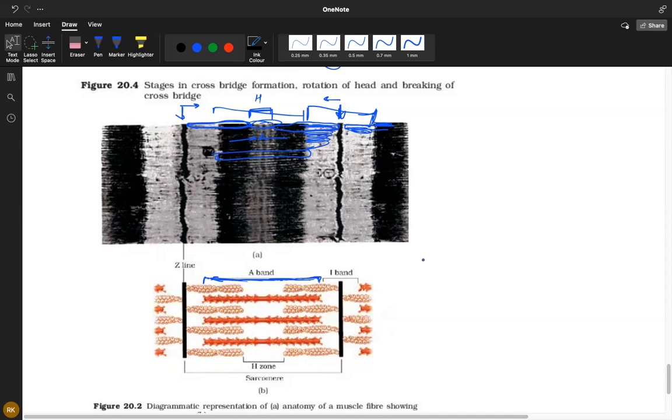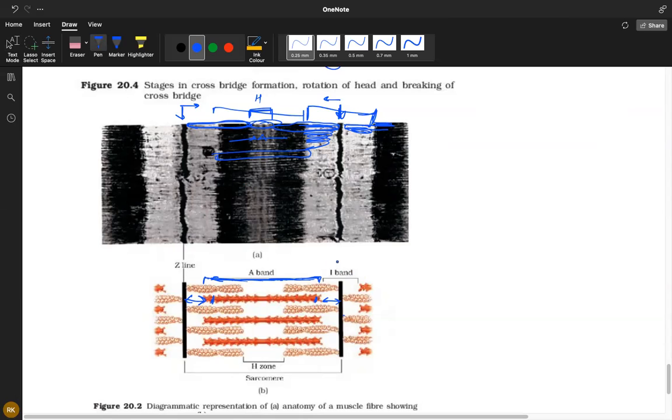So for the contraction of a muscle also, there is a limit. It is limited by the A band. It cannot go smaller than the A band. Muscle contraction can happen, like it can contract this much on both sides. The moment it touches the myosin, it does not contract too much. There can be slight contraction, but the A band will stay.